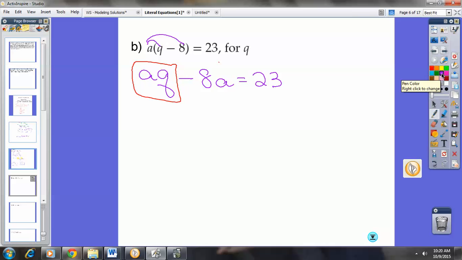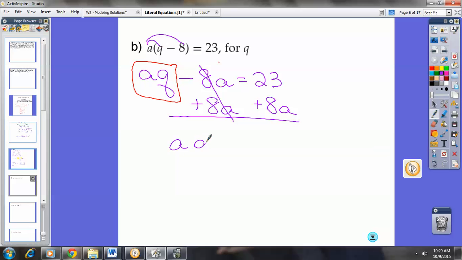What would you do next? Add 8a. So we have aq equals 23 plus 8a.